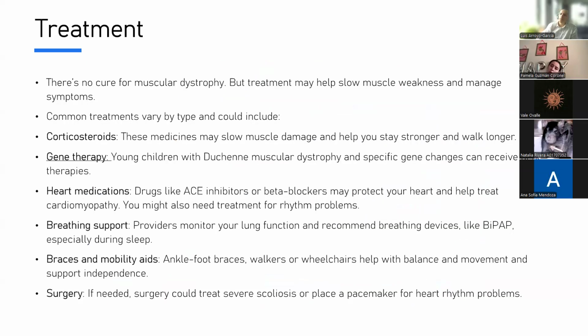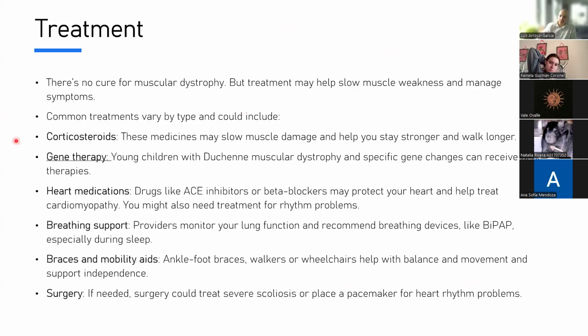And then the treatment: there is no cure for muscular dystrophy, but treatment might help to slow muscle weakness and manage symptoms. Depending on which muscular dystrophy we're talking about, we're going to use corticosteroids, gene therapy, heart medications, because it also affects the heart, breathing support, braces and mobility aids, and surgery for a pacemaker or something like this.